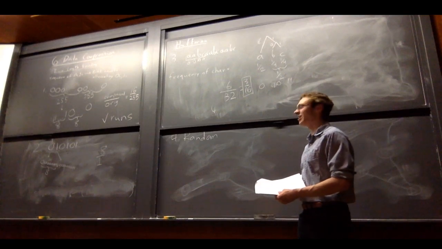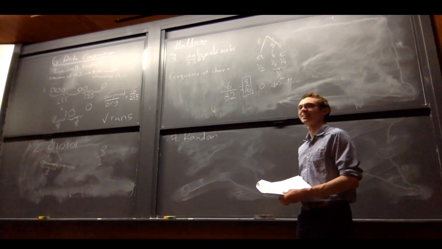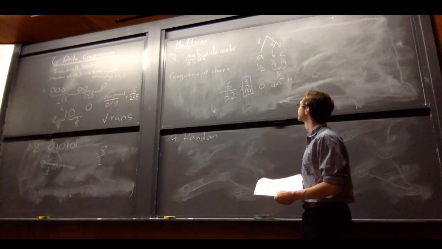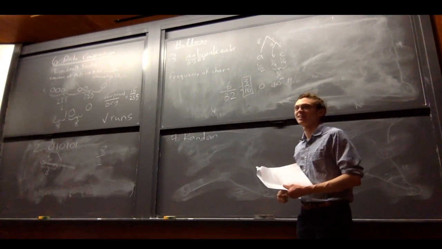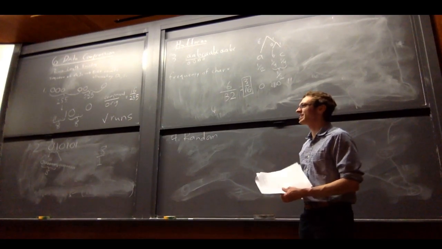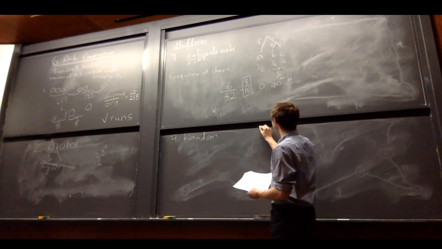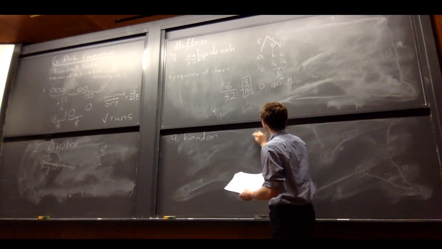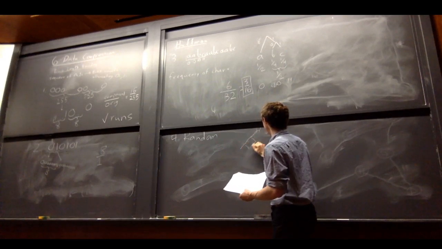And what happens if they all have the same frequency? What's the height of our trie going to be? Yes, it's going to be essentially log R. If we merge everything, we get a perfectly balanced trie, which will look something like this.